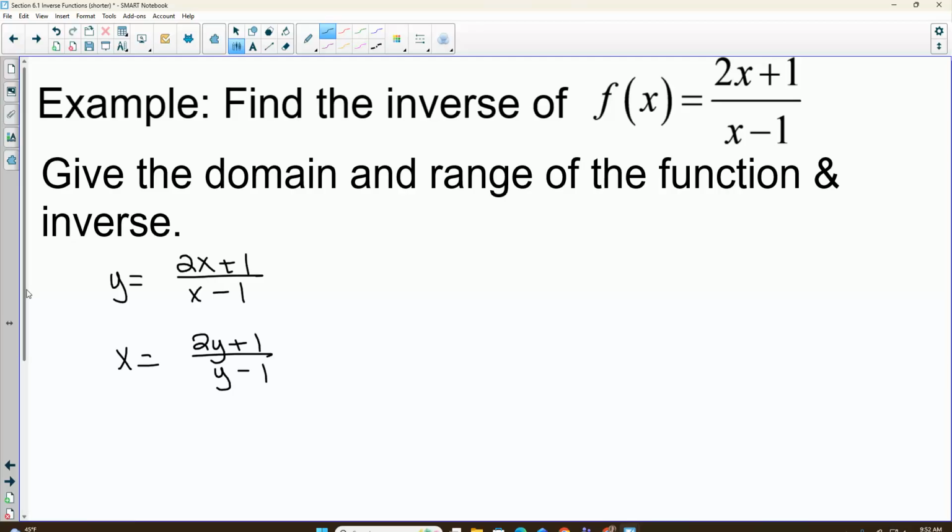Now we have to solve for y. So if I want to get rid of my fraction, I can multiply by my denominator. That gives me xy minus x equals 2y plus 1.